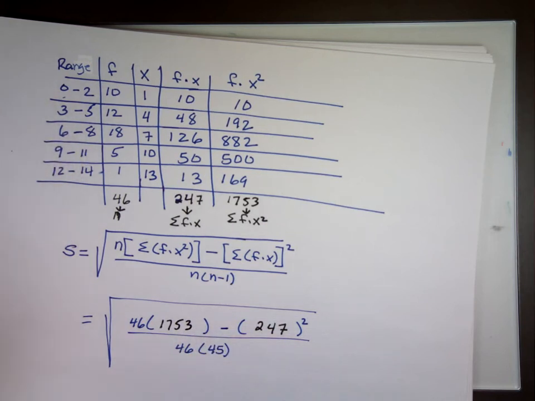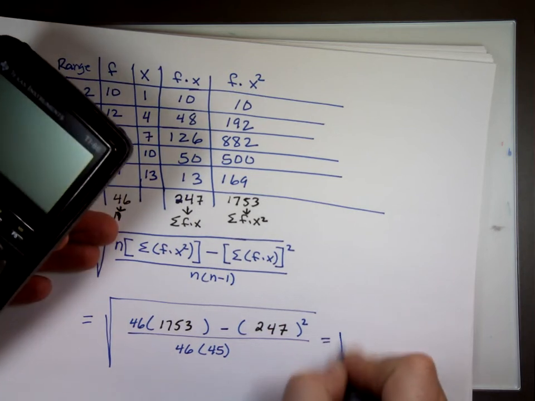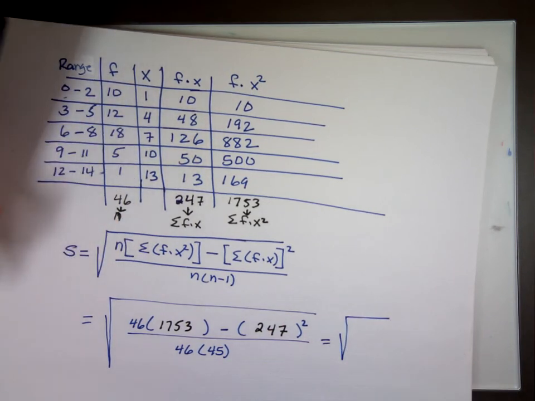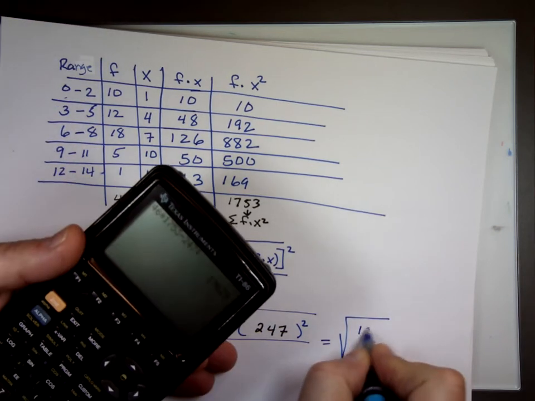Now take your calculator, multiply these numbers out, take the square root of that. 46 times 1753 minus 247 squared, 19629.